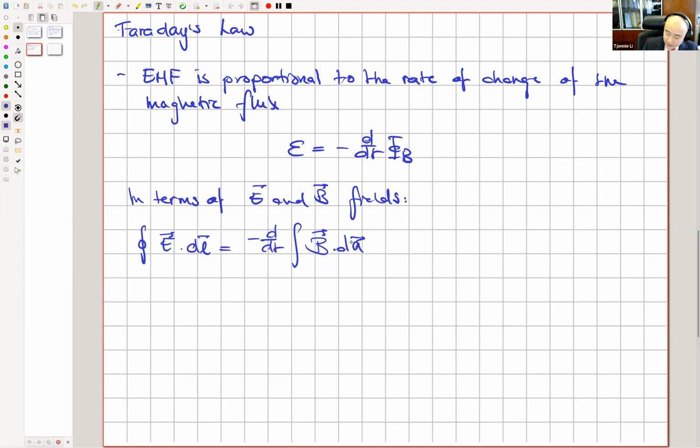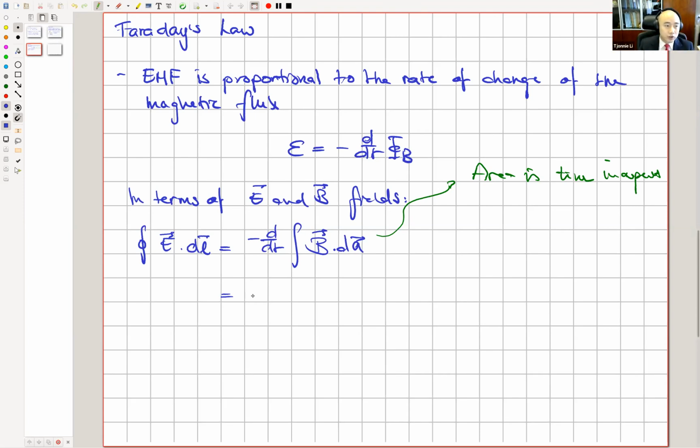Now, in this case, the area is time independent, at least assuming that I'm not moving around my current loops. Then the area does not change with respect to time, so I can exchange the d by dt and the integral.